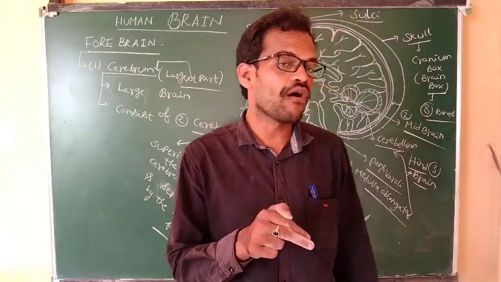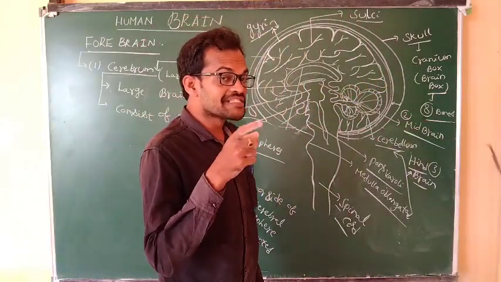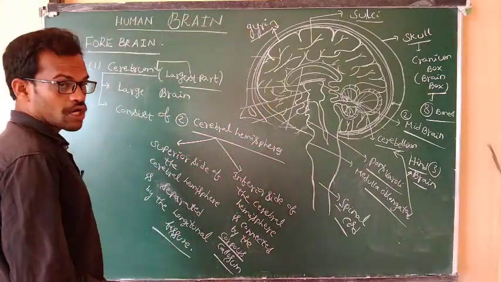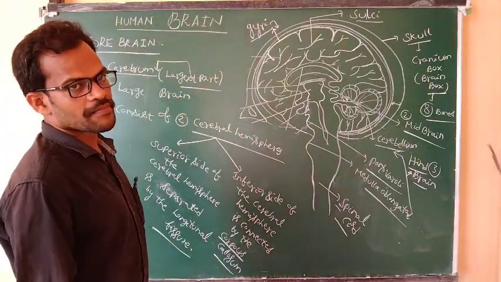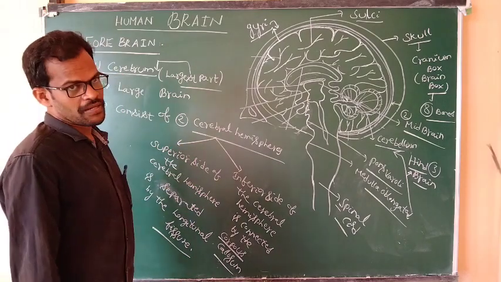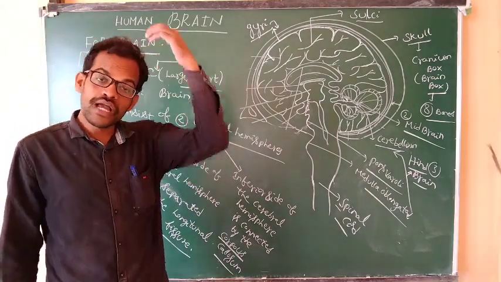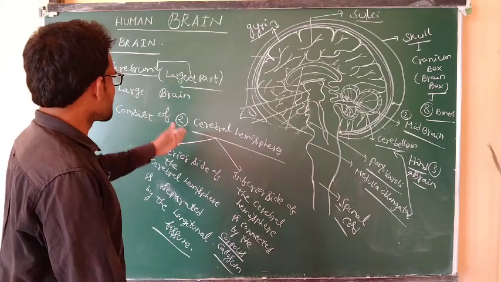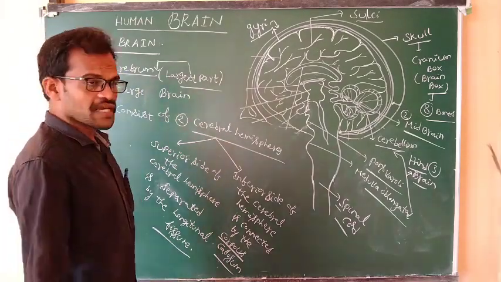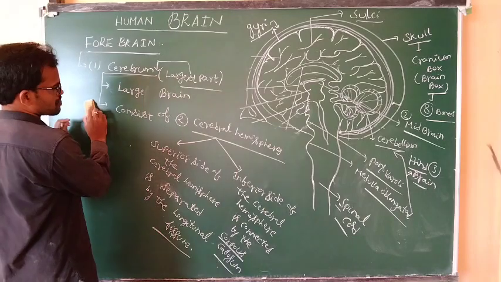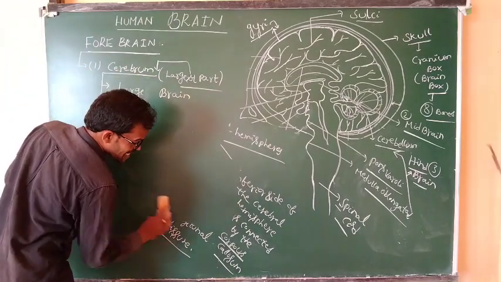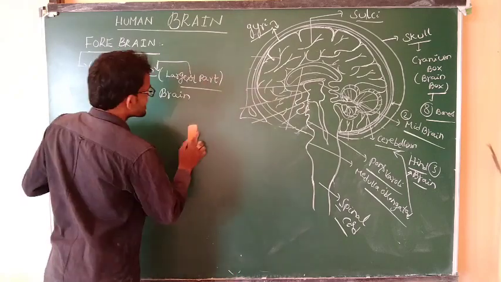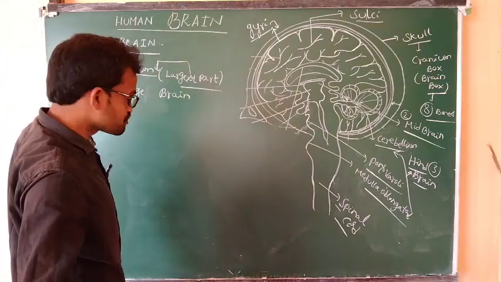Each hemisphere, the right side one hemisphere and the left side one hemisphere, together make up the cerebrum.